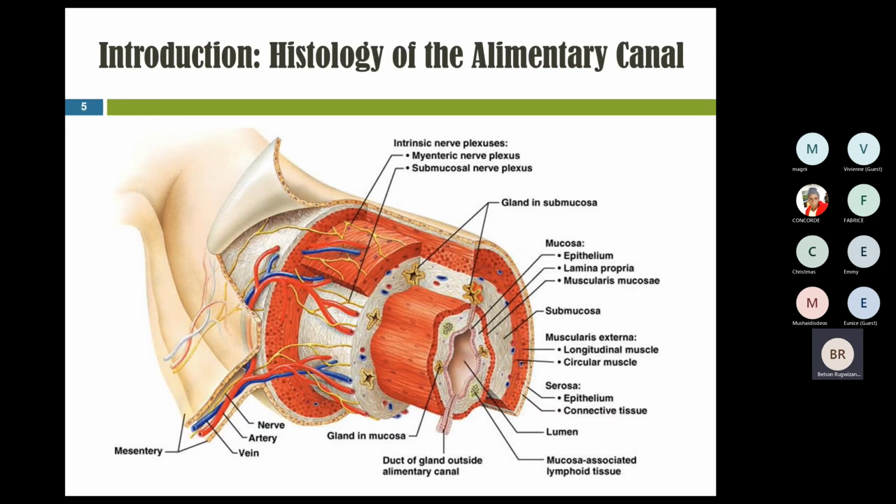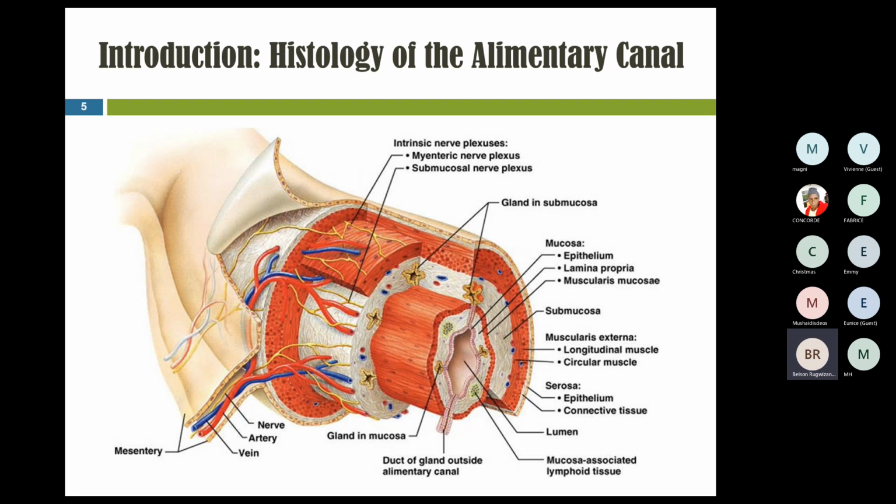So, looking at the anatomy of the gastrointestinal tract, you will also notice that in some books, the gastrointestinal tract doesn't include the salivary glands, the liver, pancreas, and the biliary tract. In other books, they combine them in what they call alimentary tract or alimentary system or digestive system.